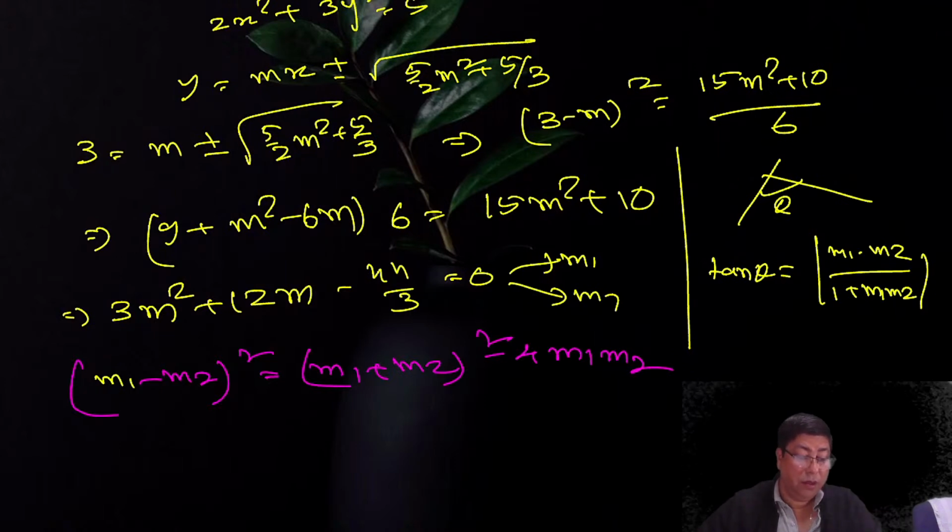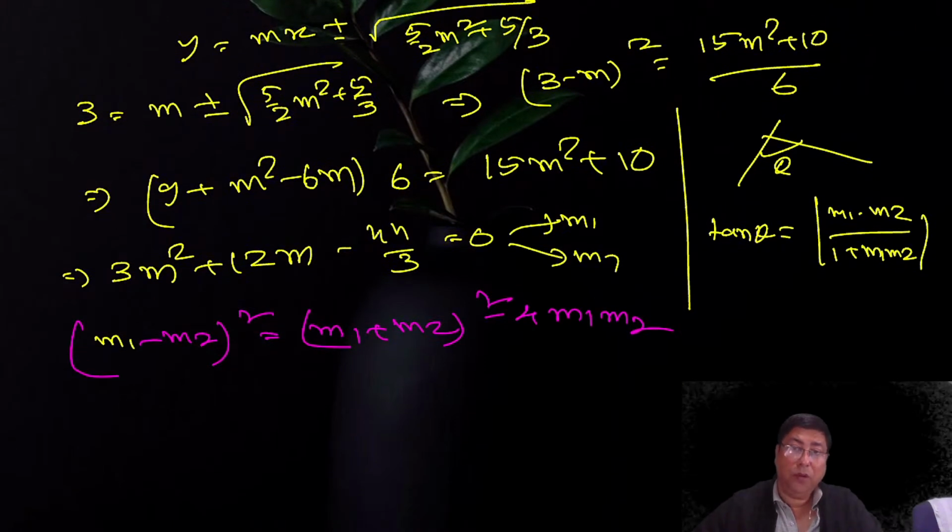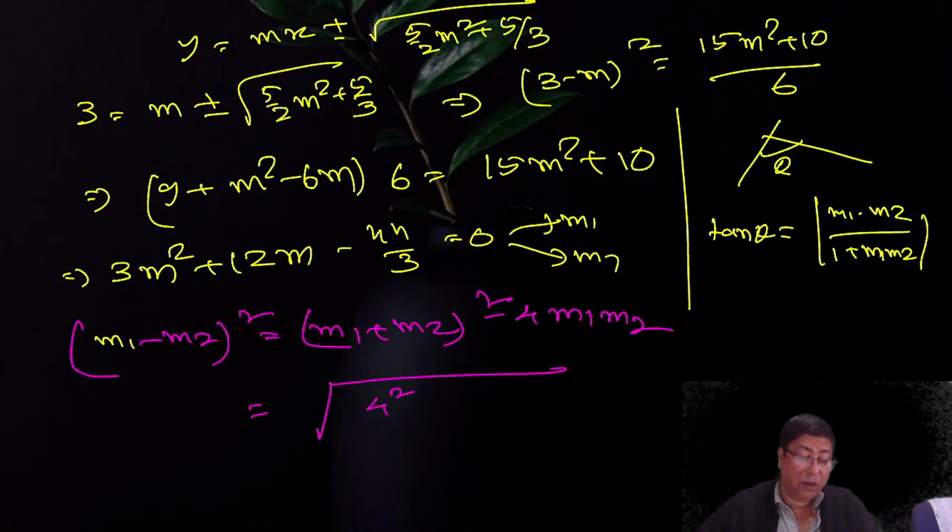So calculate m1 minus m2, that is root over m1 plus m2 whole square. So we are getting root over, for m1 plus m2 in this case, 4 square plus 4 into 44 by 3 into 3.